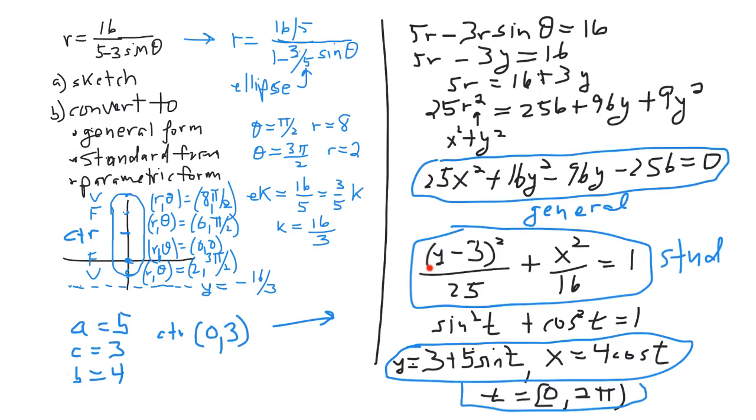And once you had this equation here, you could multiply both sides by, what would it be, 400, and 400 would cancel out both of these denominators, and then you could have FOILed out and combined like terms, and you could have gotten your general equation. It's up to you whether you get the general equation by cross-multiplying the original or by getting your standard first and then FOILing and multiplying out to get rid of the parentheses.